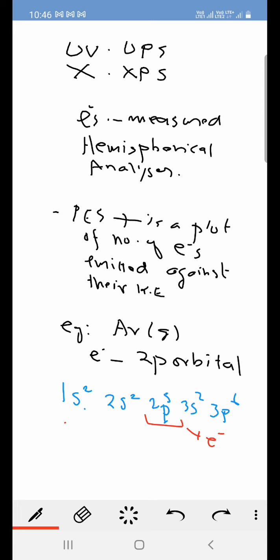Now, because the possible combinations of L and S, that is the LS coupling, result in two slightly different energy states. That means it's 2p 3/2 and 2p 1/2 due to the LS coupling. So we get two different peaks.